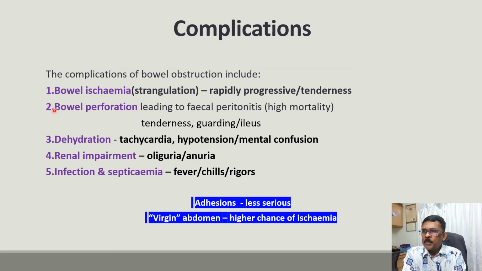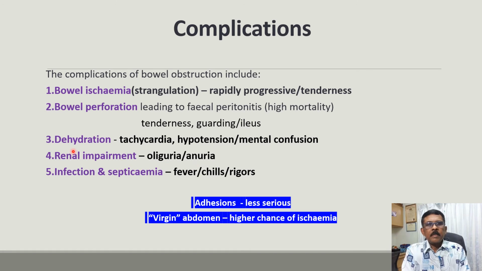Bowel perforation leading to fecal peritonitis has a high mortality, especially in high-risk patients like elderly patients. And this is usually detected clinically with tenderness, guarding, and a silent abdomen, ileus.